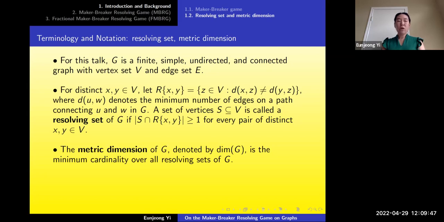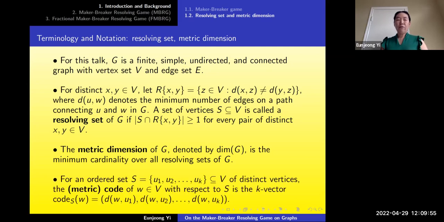Next. So the metric dimension of graph G, denoted by dim(G), is the minimum cardinality over all resolving sets of graph G. If you look at the second bullet here on the same slide, S intersection R(x,y) being a non-empty set corresponds to saying that if you pick any two distinct vertices, there exists a vertex z in S such that z distinguishes x and y by their distances.